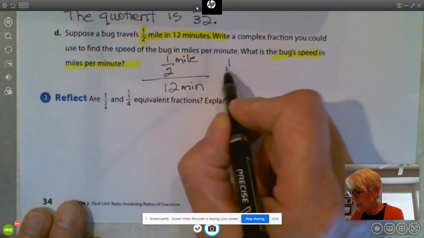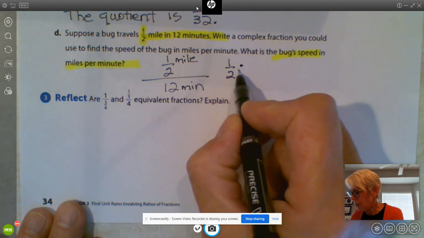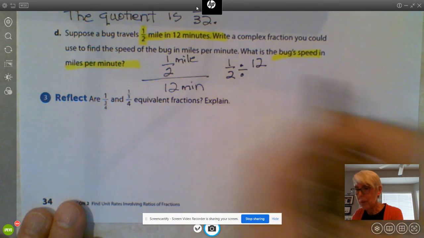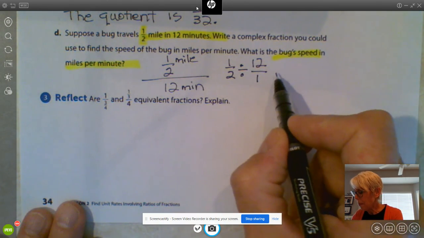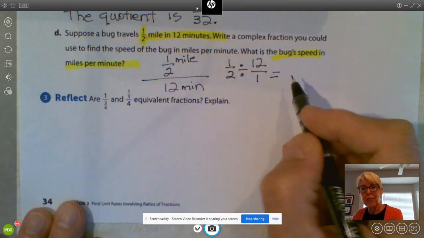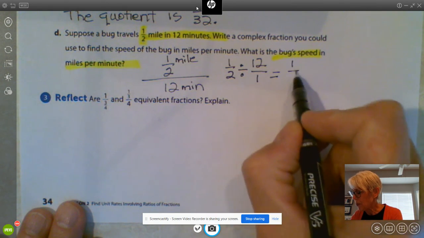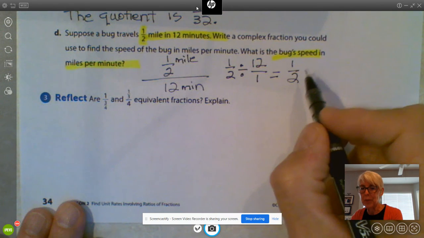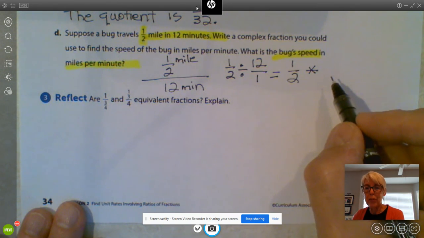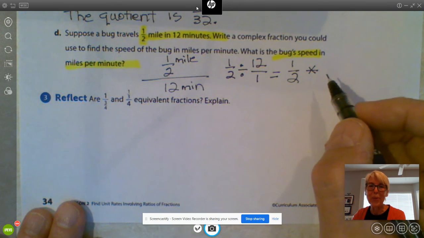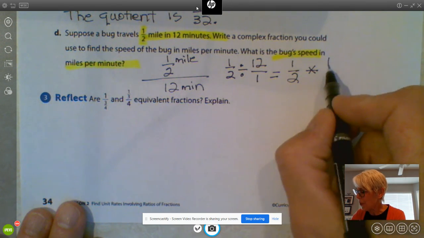So I'm going to rewrite this as 1/2 divided by 12. And I want 12 to look like a fraction, so I'm going to place it over 1. And to solve this problem, I'm going to write 1/2 multiplied by 12 over 1 standing on its head. So 12 over 1 on its head is 1 over 12.